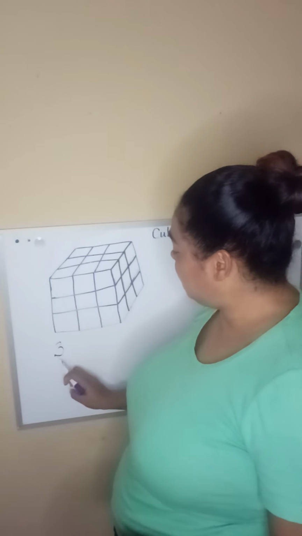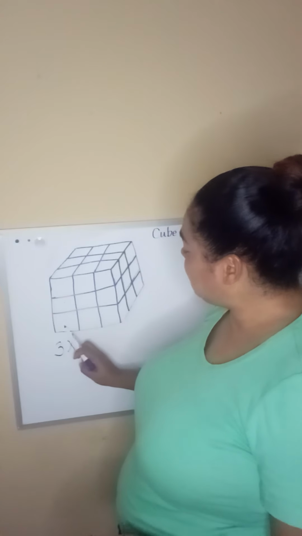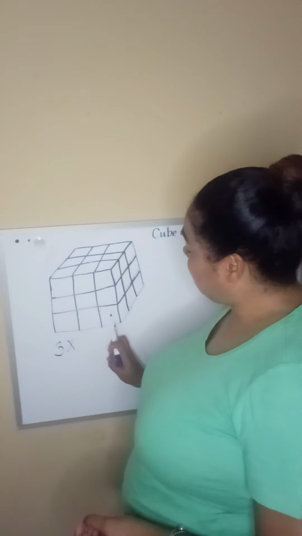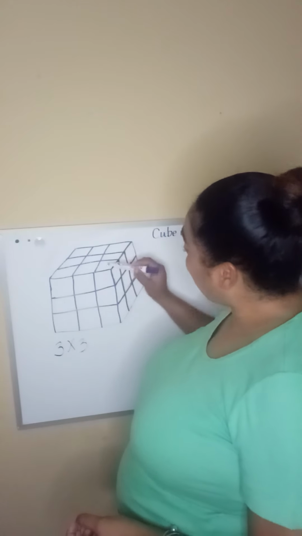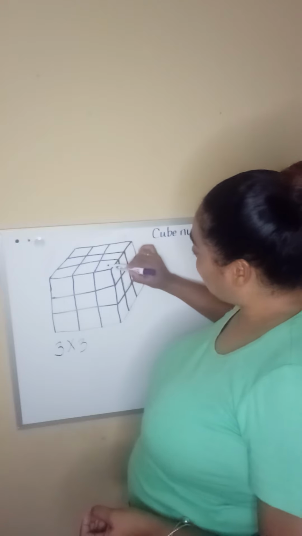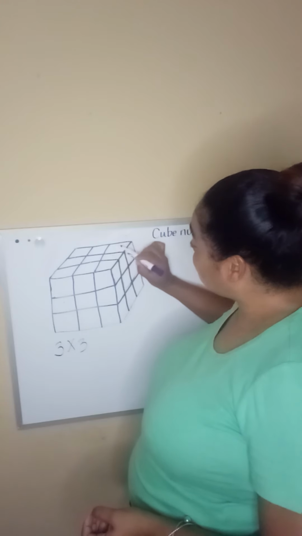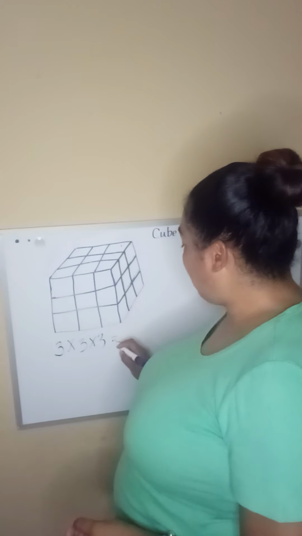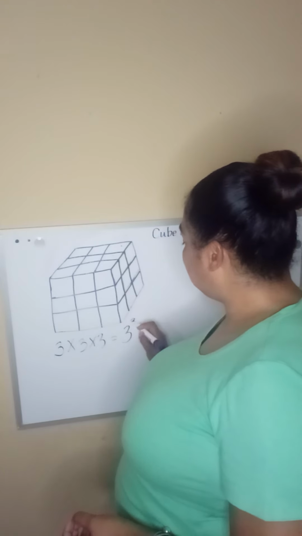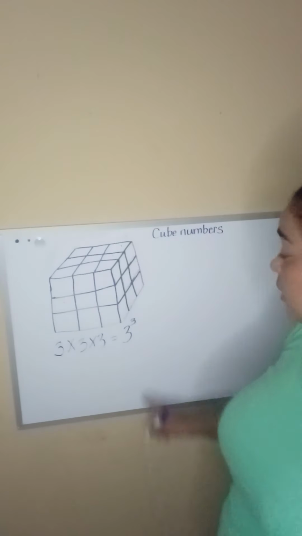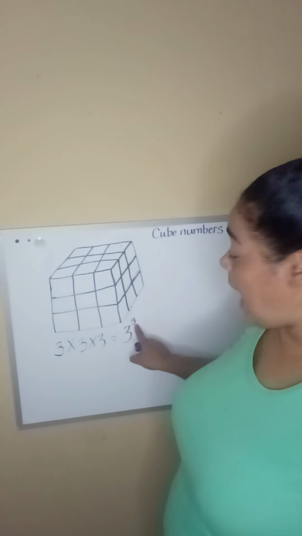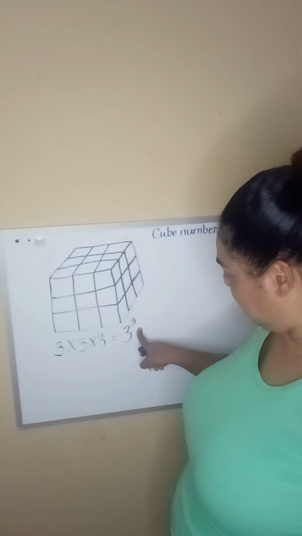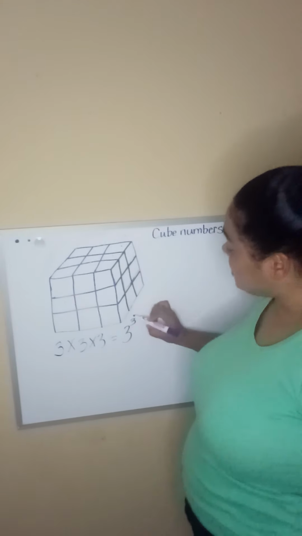So we have 3 times, how many this way now? 1, 2, 3. And how many this way? 1, 2, 3. So this is why it is called 3 cube. And this is how you would write 3 cube. There's a little 3 at the top.